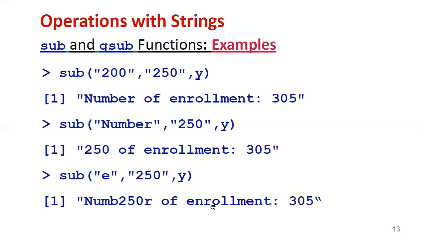Here you can see the remaining e's are not changed, not altered. So if you want all the e's to be replaced with 250, at that time you can use gsub, that is global replacement. But with sub, only the first matching value is replaced with the new one. So there is a difference between sub and gsub.